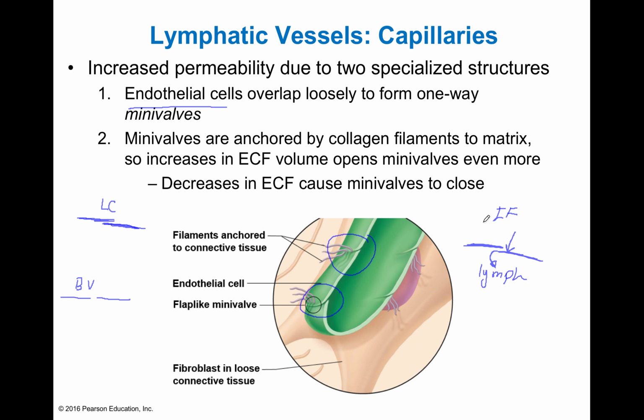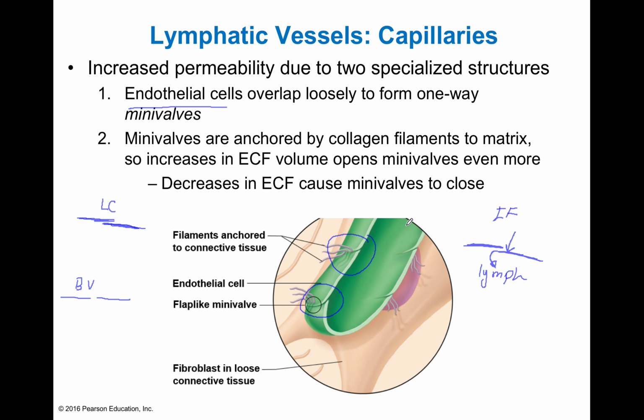Now when the pressure decreases, the flap is closed up and no more fluid comes into the lymphatic system. So anytime you have built up fluid, the flap opens and fluid flows into the lymphatic capillaries, and if the pressure in the interstitial fluid is down because there is not much fluid, the flap is closed and there is no flow of lymph.